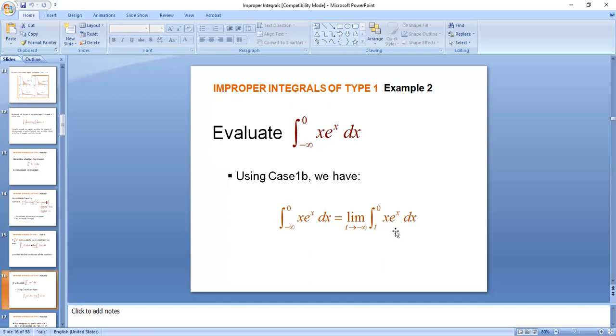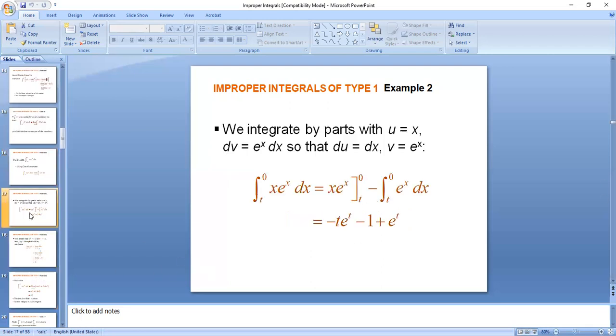First you evaluate, then substitute the limits, then evaluate the limit. Now, we proceed. If you're going to use integration by parts, we integrate by parts.